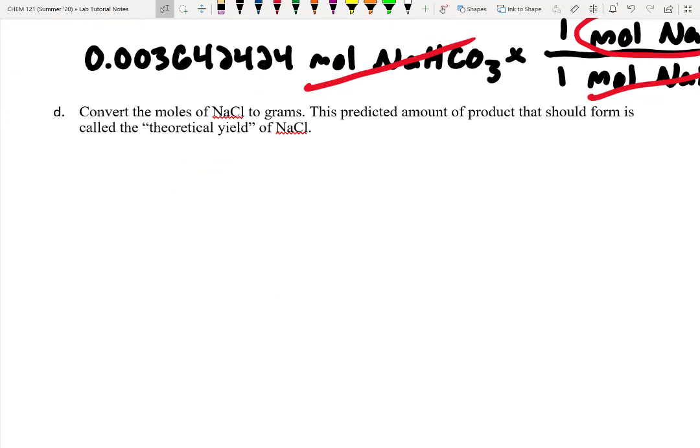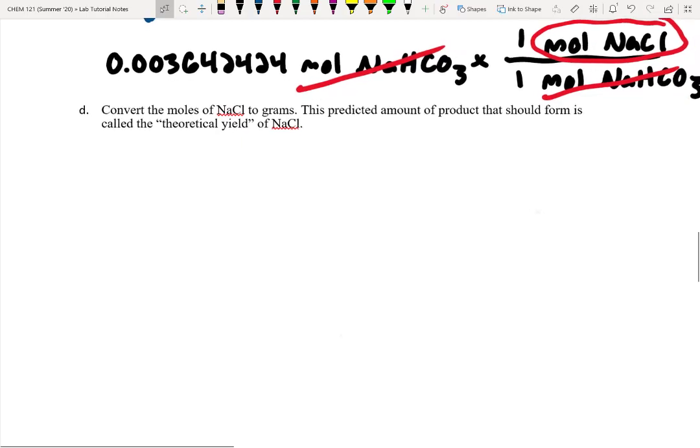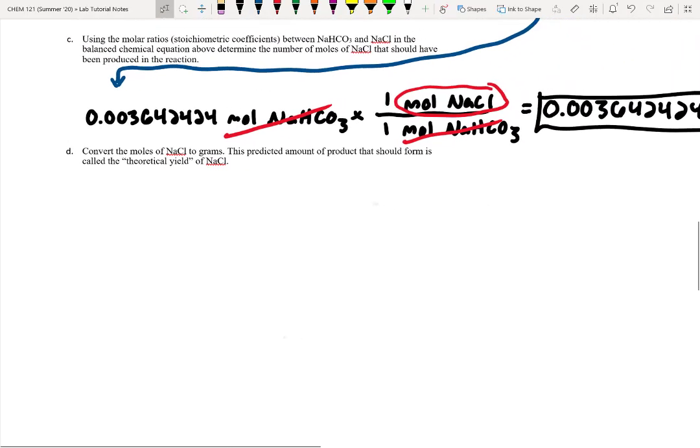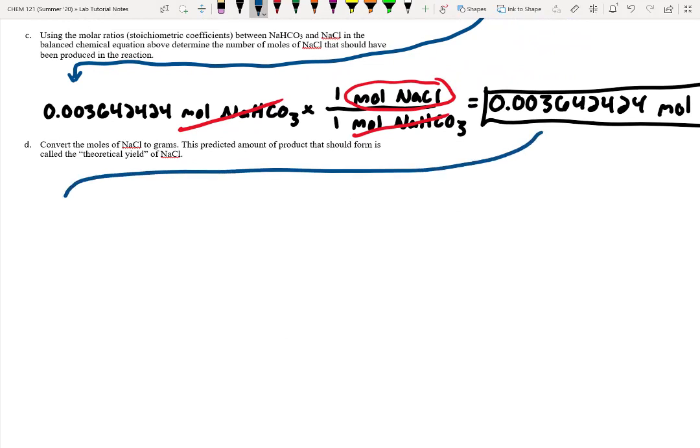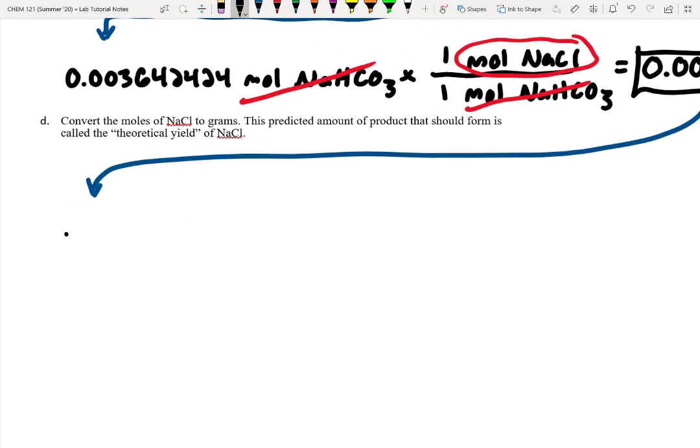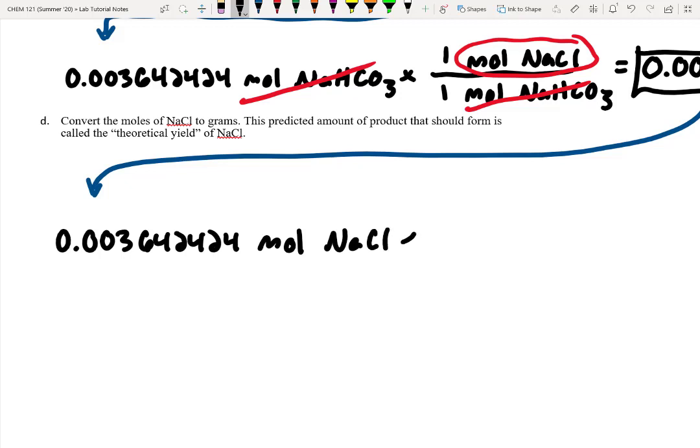Perfect. Okay, now for part D, it says, convert the moles of sodium chloride to grams. This predicted amount of product that should form is called the theoretical yield. In part C, we already solved for how many moles of sodium chloride we had. Specifically, we got 0.003642424 moles of NaCl.